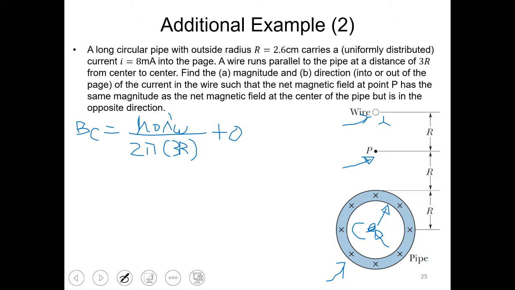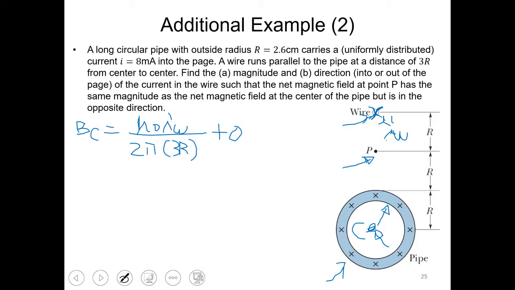I_W means the current of this wire. We denote it I_W. Okay, first of all, we assume I_W is into the page.